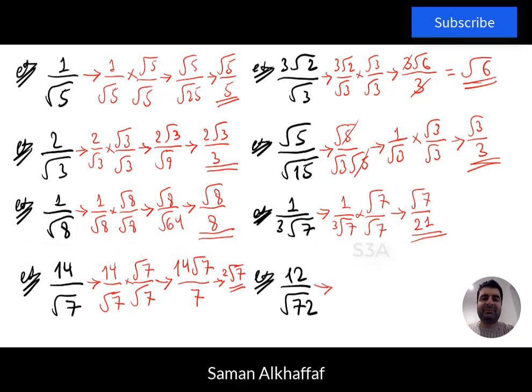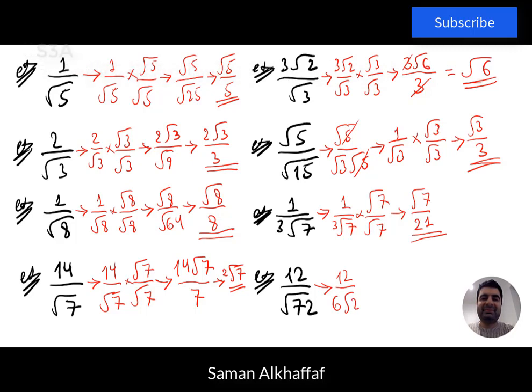In this example we have 12 over root of 72. Again we can break down the root of 72 to a smaller root. The 12 will remain as it is, and the root of 72 can be broken down to 6 root 2.